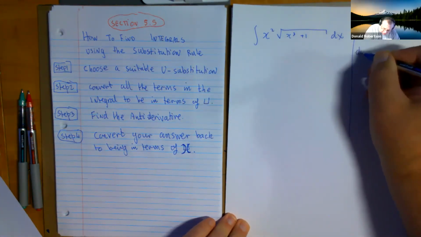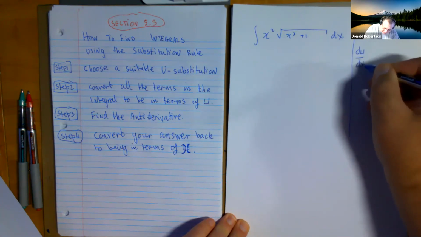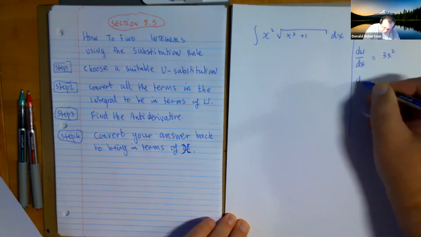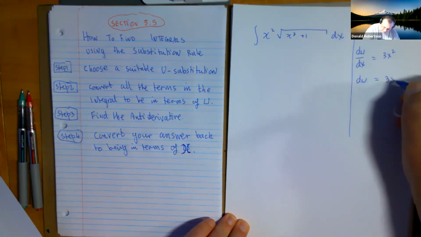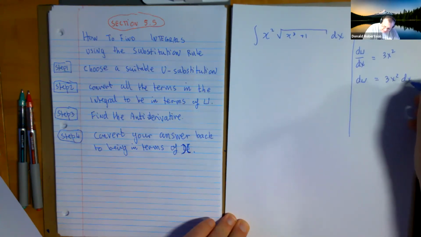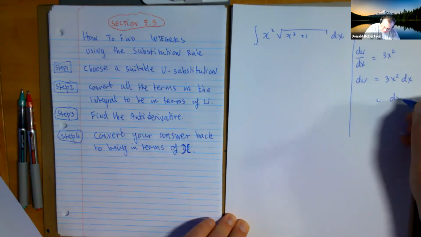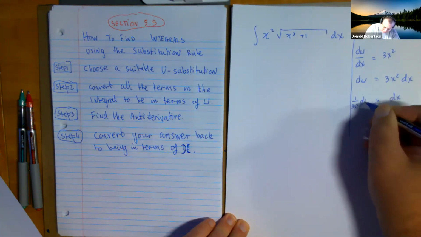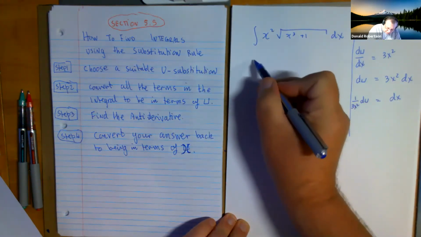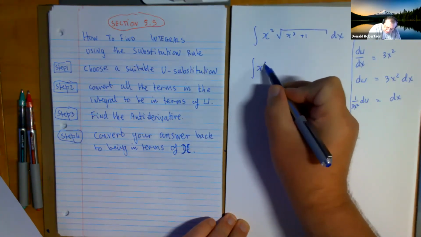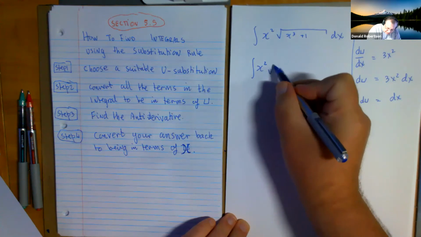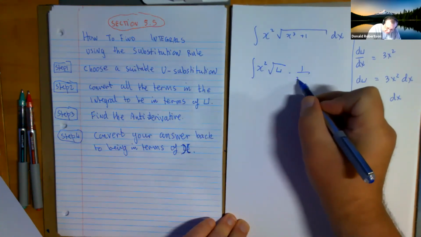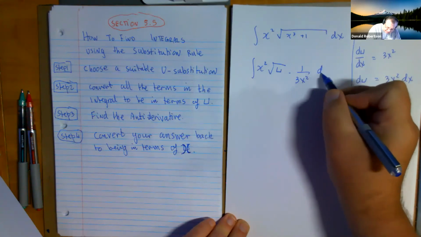So now I can use that u sub by differentiating with respect to x, doing the crossover, and then isolating the dx. Now we come over here. I'll leave the x squared for just a little while. That guy becomes the square root of u, and the dx becomes this fella.